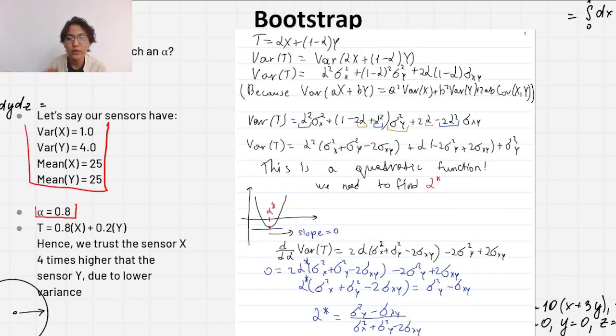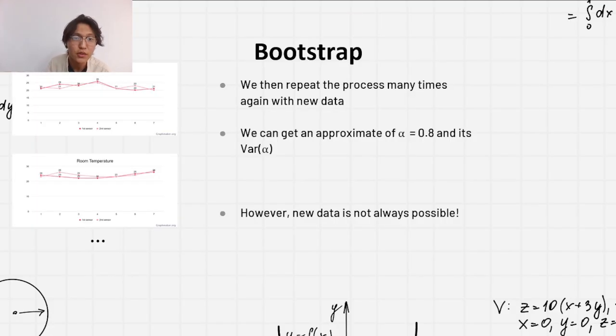So to be more accurate, we will use several charts, let's say on different days, just new data of the same sensors. So after running it several times, we get the same approximate of 0.7, let's say, and we also can find the variance of the alpha, of how the alpha changes when we change the data set.